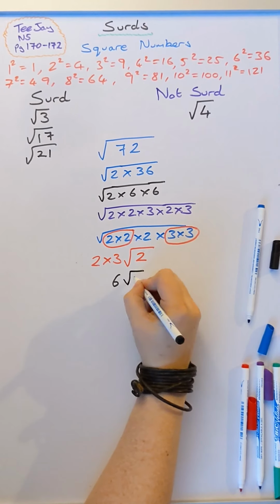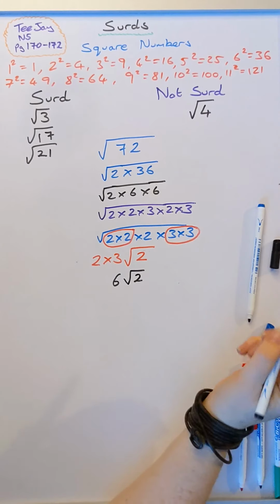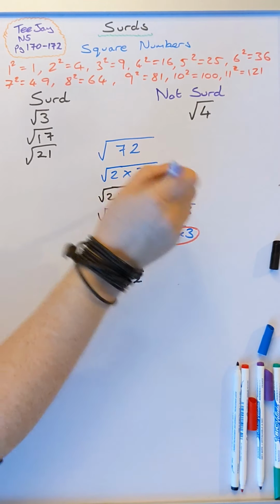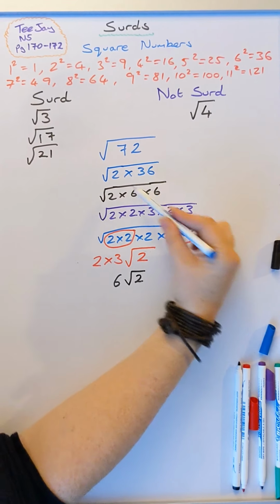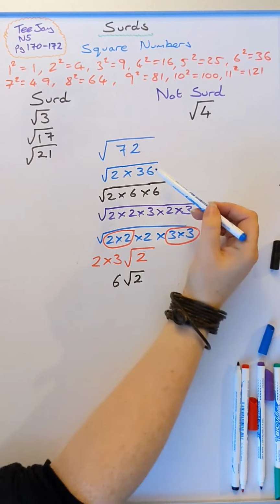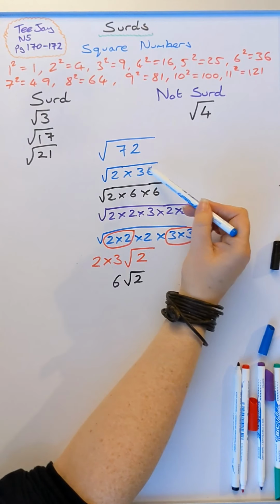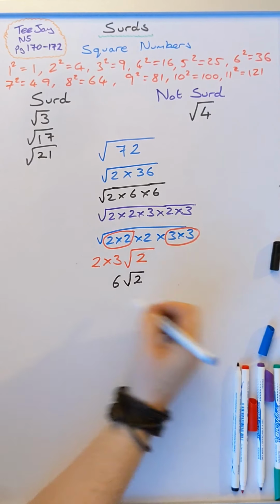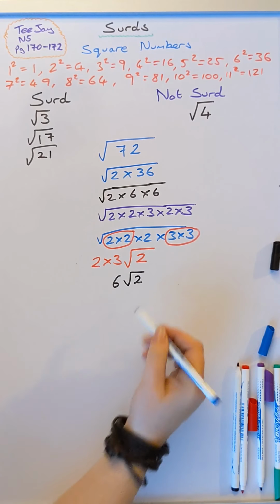So we've got 6 root 2. Now if you look back up here at 6 times 6, or at 36, which I said was 6 squared, at that point we could have taken the 6 out the front. And we'd have got the same answer, 6 root 2.